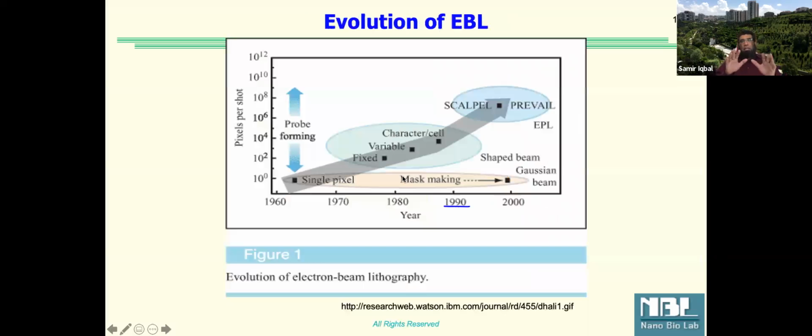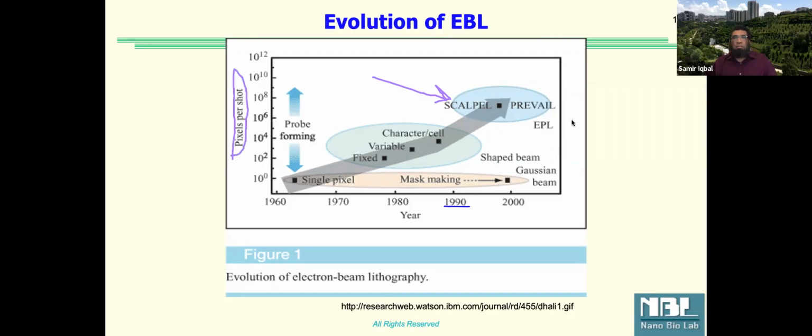Now, E-beam lithography has evolved over the years. Instead of just writing one point, we have gone through lots of variations. These are two, three types, SCALPEL and PREVAIL. The idea is that we can put more pixels in one shot now.